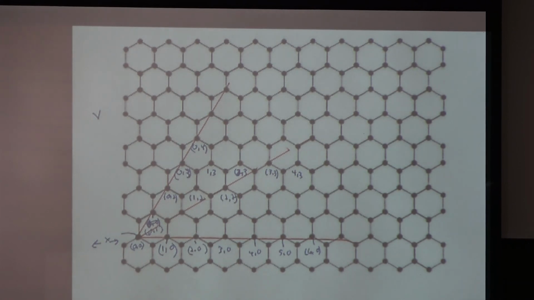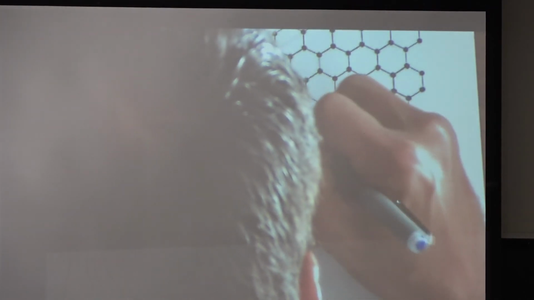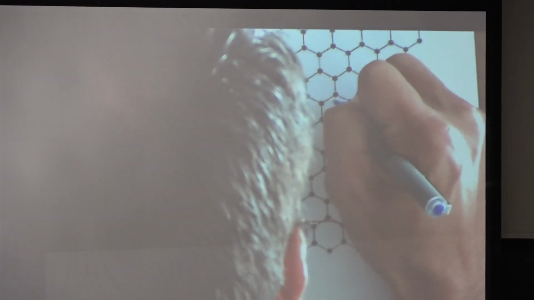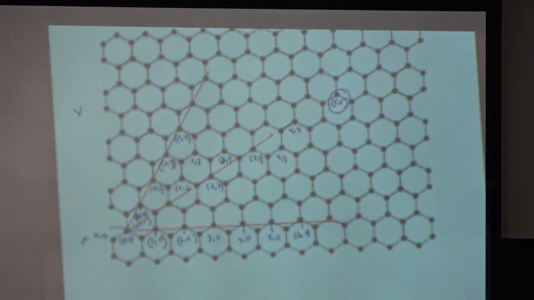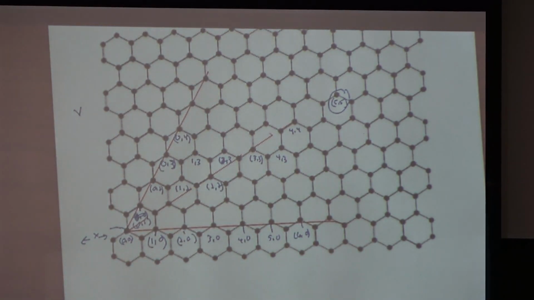And even though you don't make carbon nanotubes by folding up graphene, a very common type of carbon nanotube is, so if this one is 4,4, this one is 5,5, would be to just talk about a 5,5 carbon nanotube, which you would create by folding this 5,5 point back to the origin.